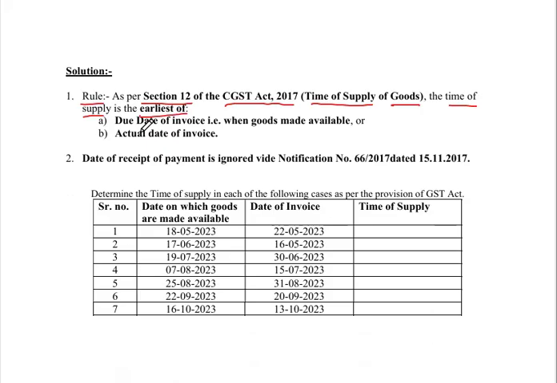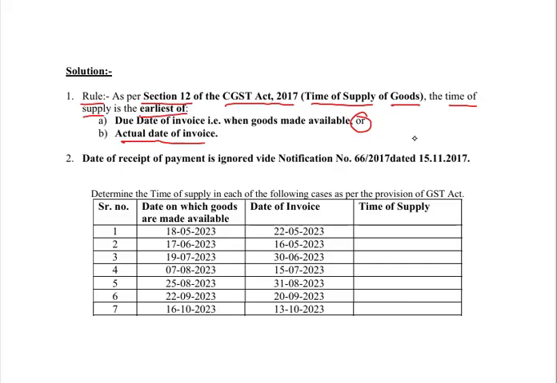First one, due date of invoice. What is the due date of invoice? That is when goods are made available. That will be the due date of issue of invoice. Or one more date to be taken into consideration, that is the actual date of invoice. Whichever is earlier will be taken as the time of supply in respect of goods under forward charge.